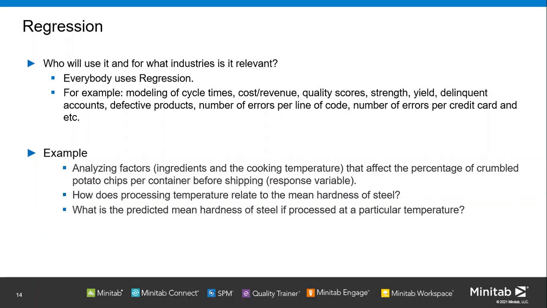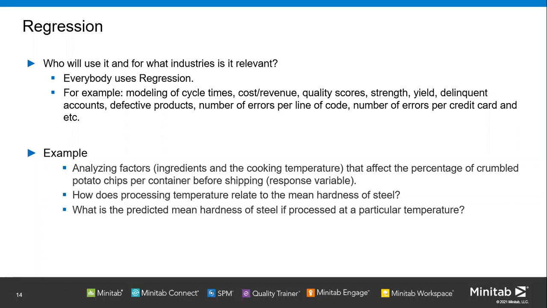For example, if you want to analyze the factors that affect the percentage of crumbled potato chips before shipping, that is your response variable. The factors here are something like the ingredient itself, and the cooking temperature.